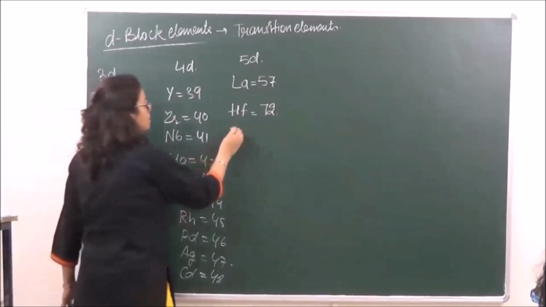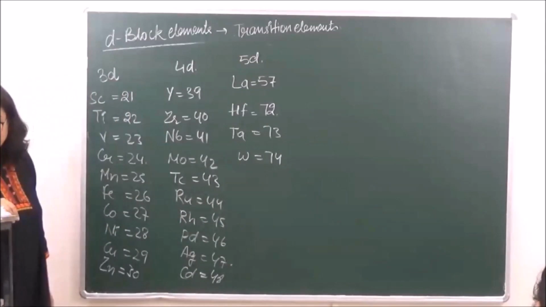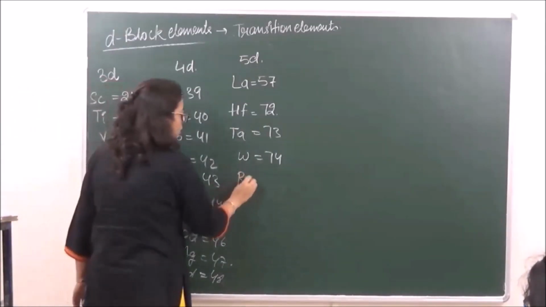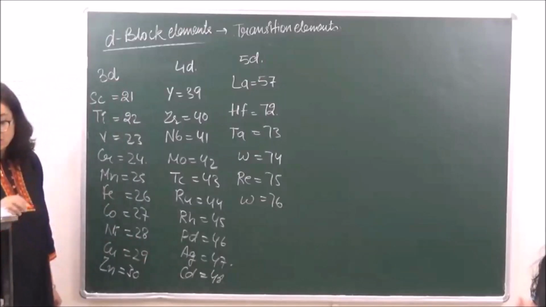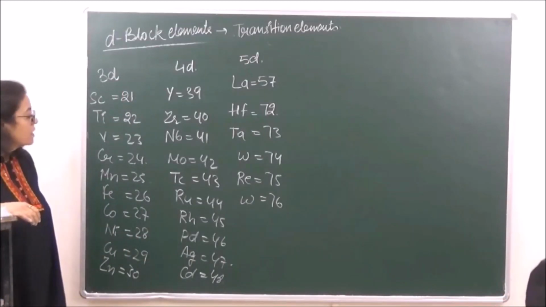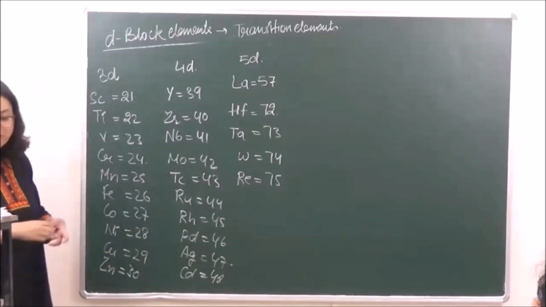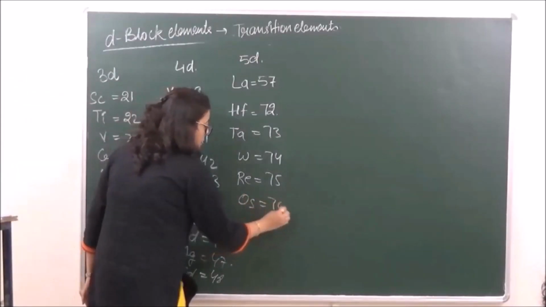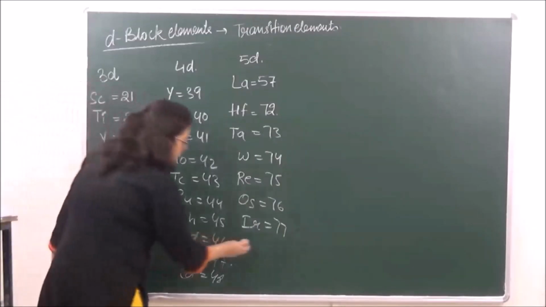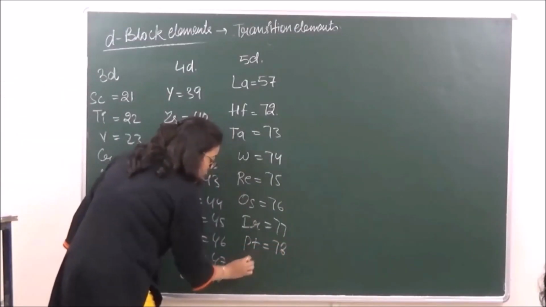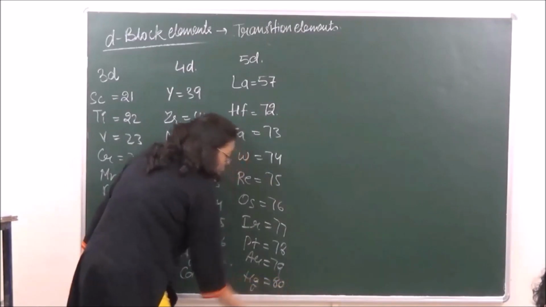Then we have tantalum 73, tungsten 74, and then rhenium 75, then osmium 76, iridium 77, and then platinum 78, gold 79, and mercury is 80.